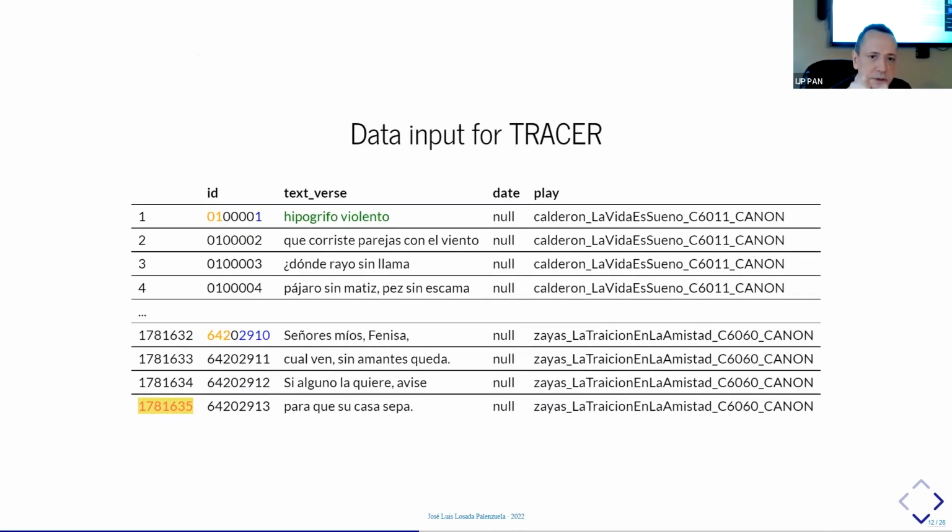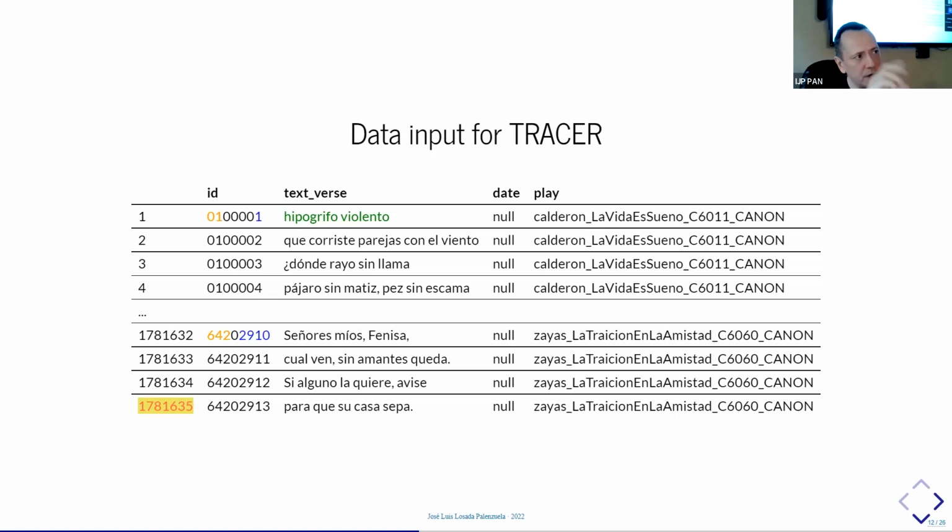Data input must look like this for the whole corpus, and you need to prepare that in advance because Tracer doesn't do that. I just prepared a small script in order to prepare the corpus in that way. What you see now with this corpus is more like 1 million units of reuse, and for Tracer this is not a problem.